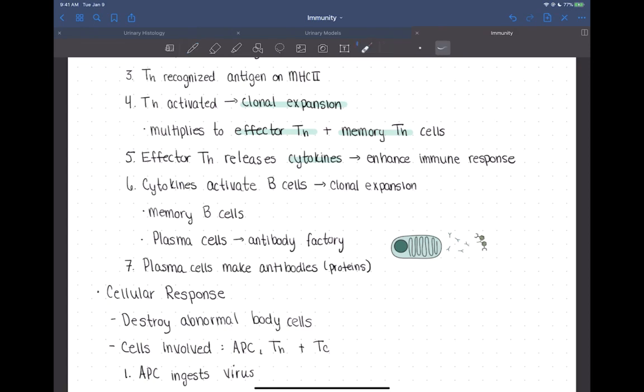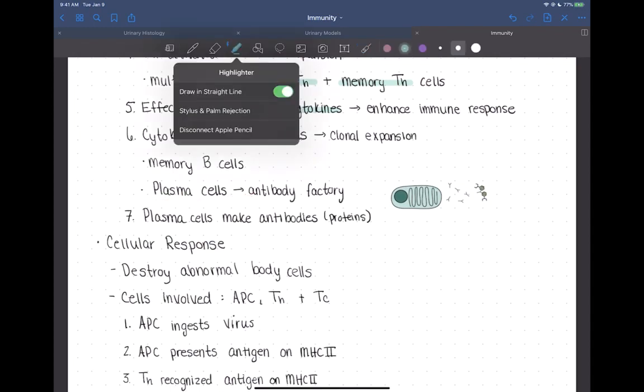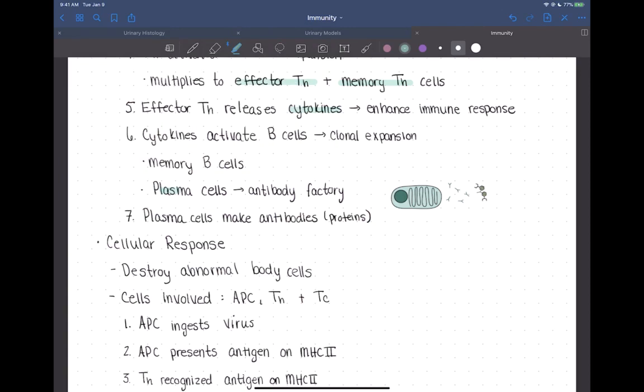Those cytokines are going to activate B cells, and those B cells are going to undergo clonal expansion. They're going to start dividing, and we're going to end up with memory B cells, and we're going to end up with plasma cells.